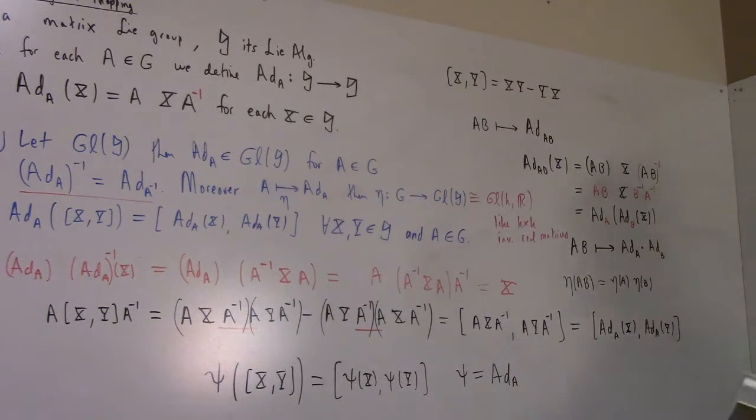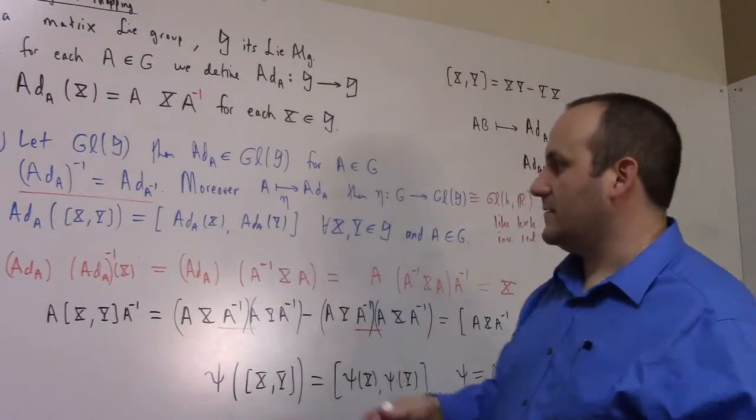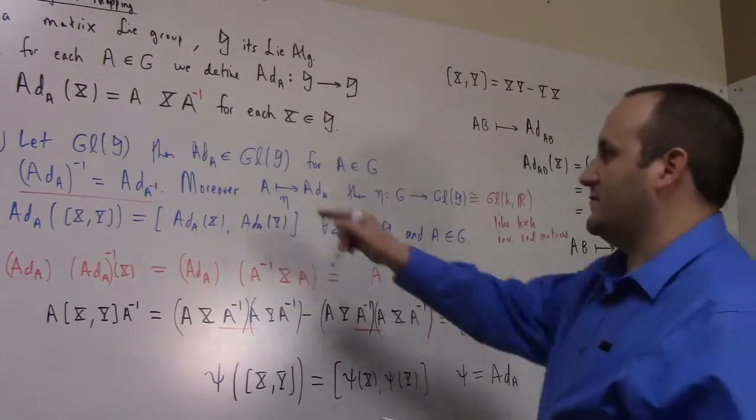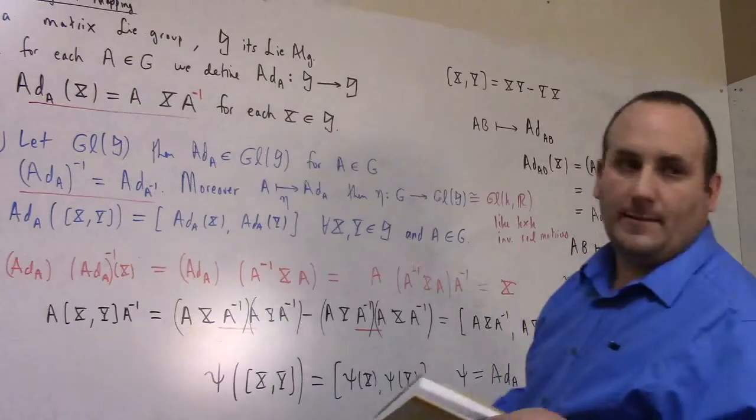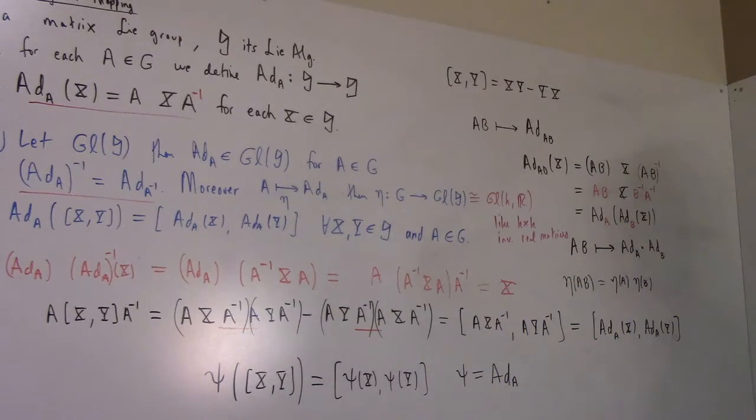It's right here, this one. The way A appears there relative to itself and relative to X, everything going on there is a continuous product of matrices. It's inversion of a matrix, but that's, again, a rational function of the components of the matrix, which is itself a continuous operation, provided the inverse exists. But the inverse exists as part of the assumption that the Lie group is a subset of the set of linear invertible matrices. So we're good to go.